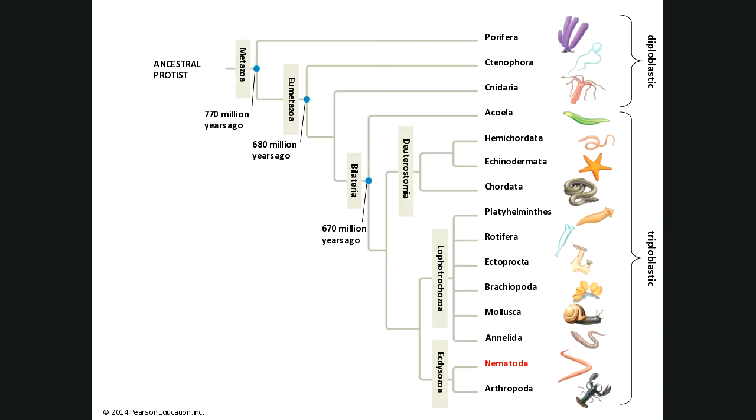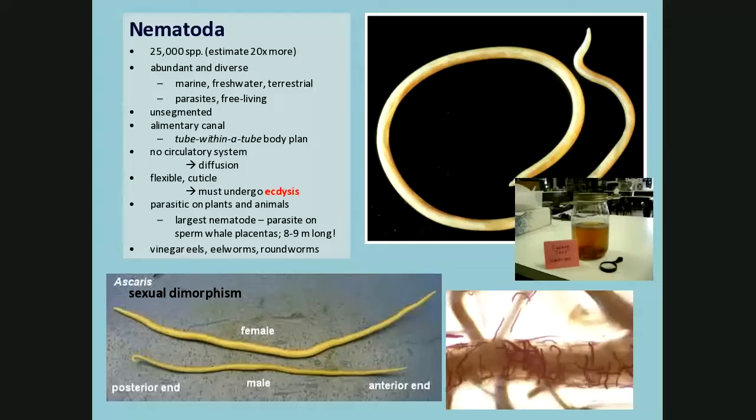Well, we all know by now that just because you look alike doesn't necessarily mean you're related, right? It's that whole idea of convergent evolution. So just because annelids and nematodes and flatworms all kind of have a similar appearance, it doesn't mean they're closely related. So let's take a look at nematodes.